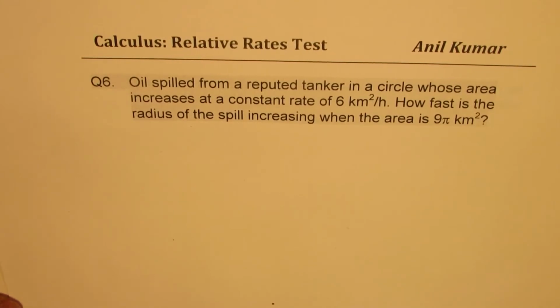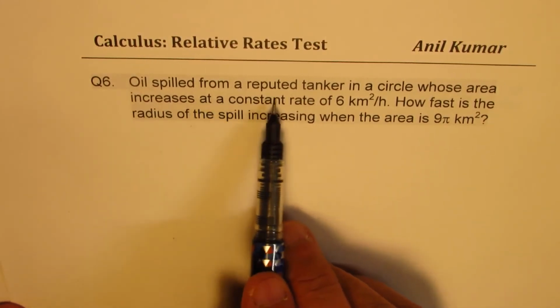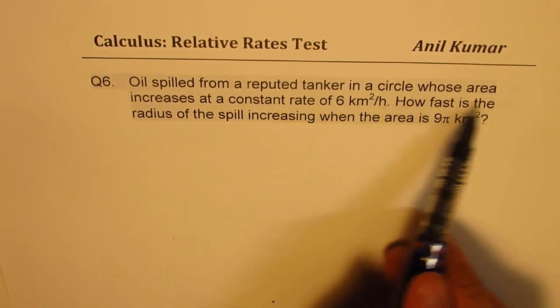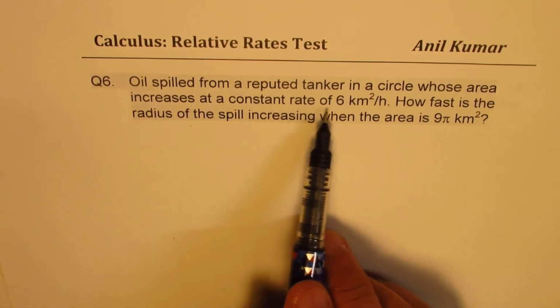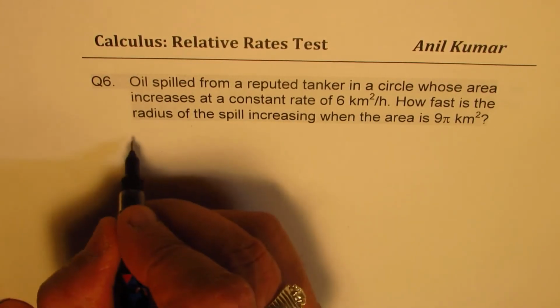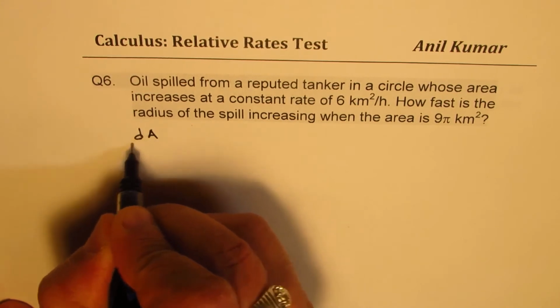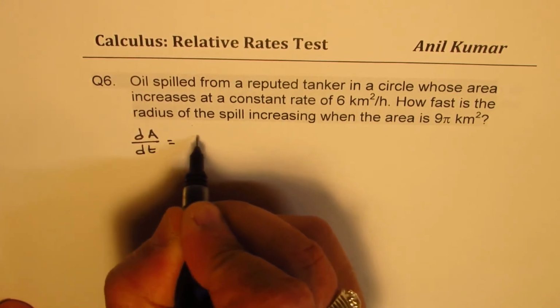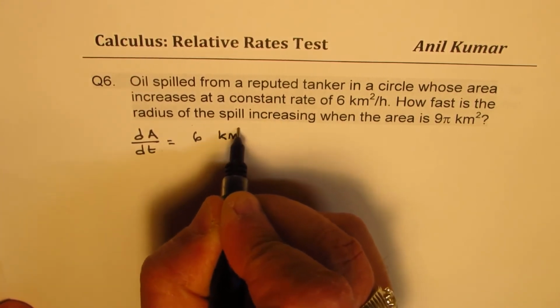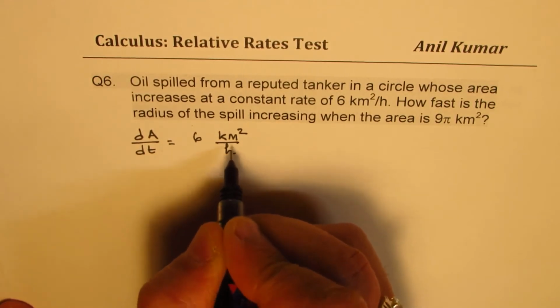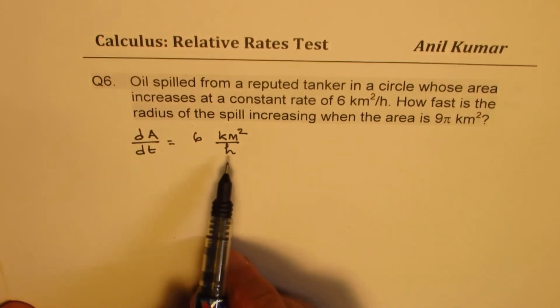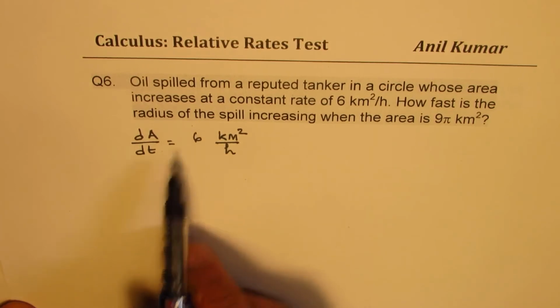Question number 6. Oil spilled from a tanker in a circle whose area increases at a constant rate of 6 kilometers squared per hour. So dA/dt is 6 square kilometers per hour, which is area over time.